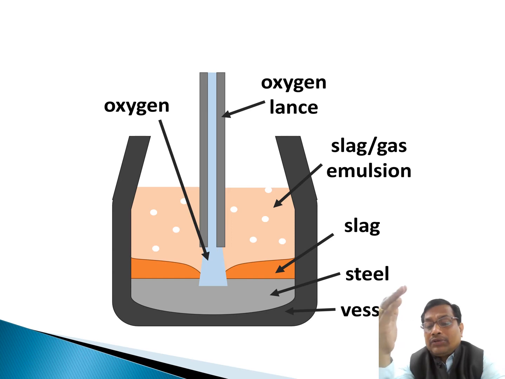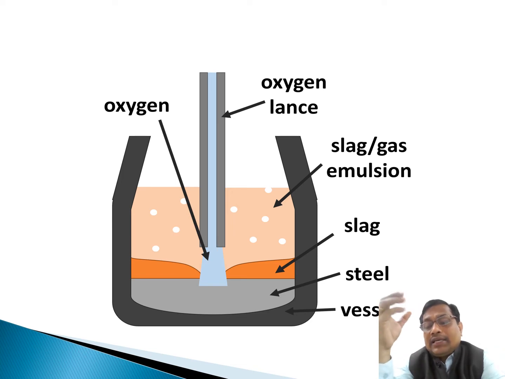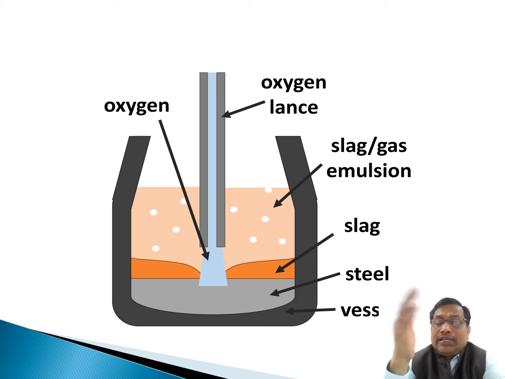As the metal starts to come out, we stop the process and take out that ladle, which has already collected the slag. Then we collect the metal, the steel, in another ladle. Again we tilt the converter and take out the steel.